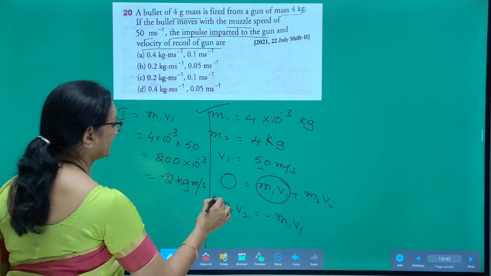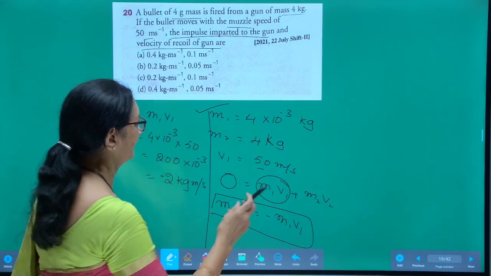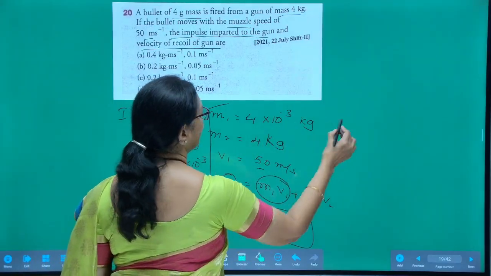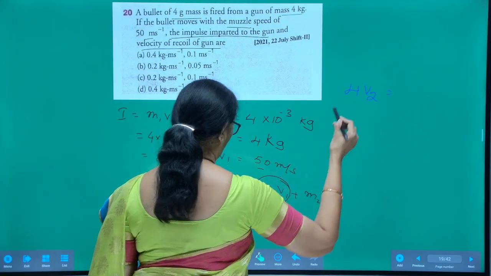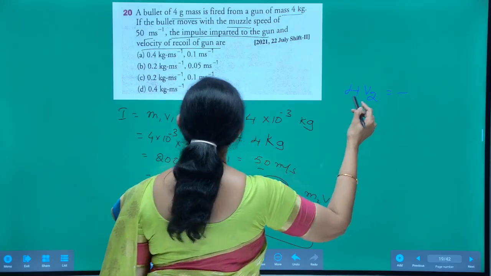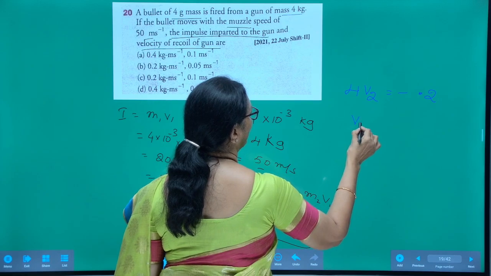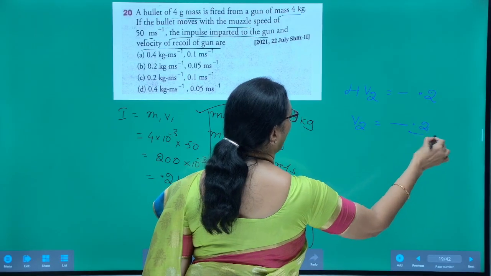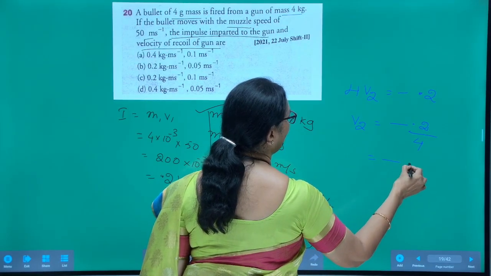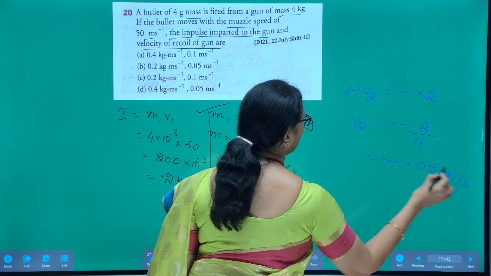Next, from this relation, you can find out the velocity of the gun. So, the gun's mass is given as 4, v2 is equal to minus m1 v1, which is 0.2, by 4. So, v2 is minus 0.05 meter per second.